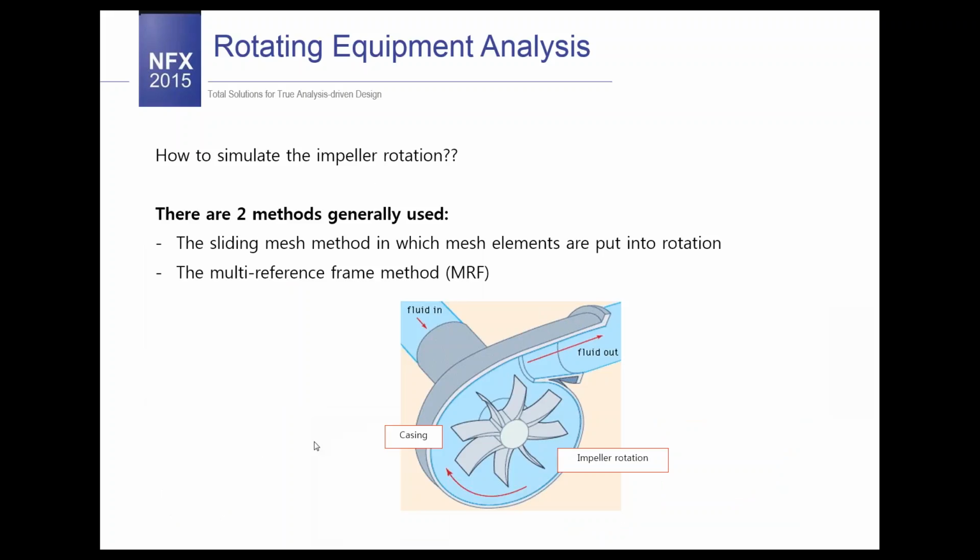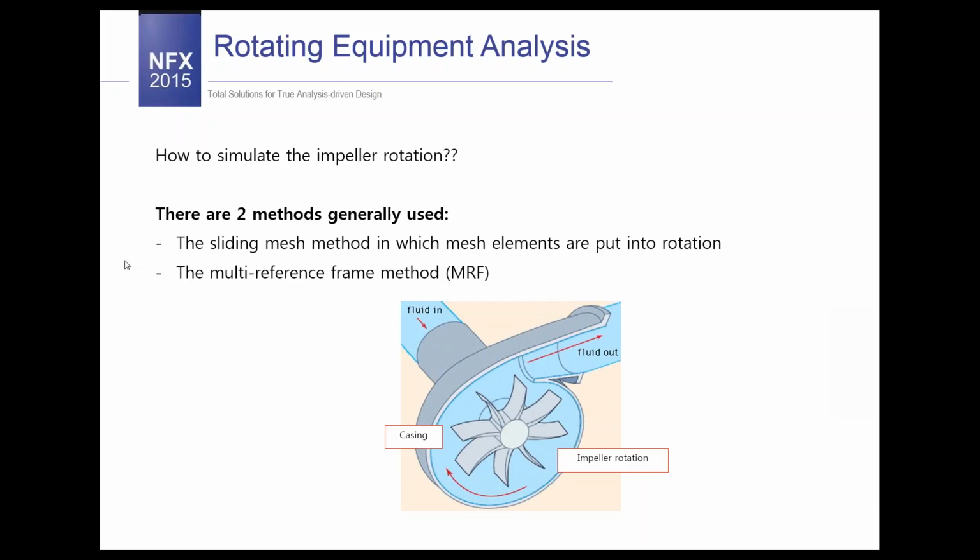So actually, how do you simulate this? This is the topic of today. Well, in normal terms, you would simply mesh everything, apply a rotation to the impeller, and hope that it solves. Well, it's not exactly like that, because if you do that, the rotation is quite huge, so the mesh elements will become distorted, and you cannot get anything from that.